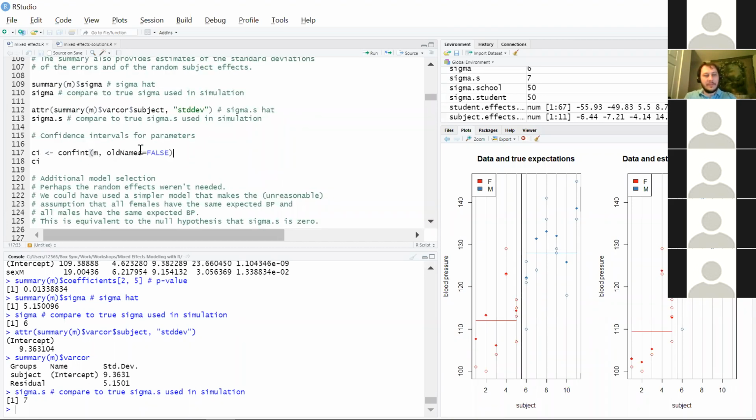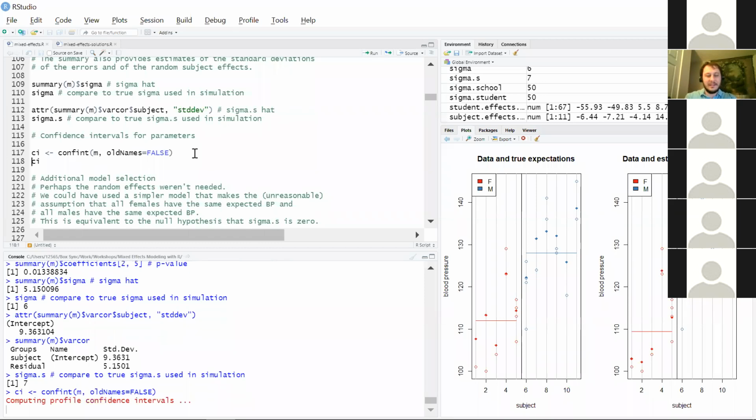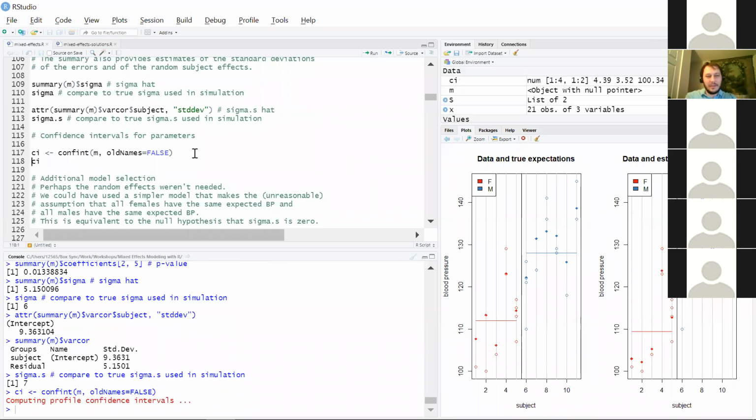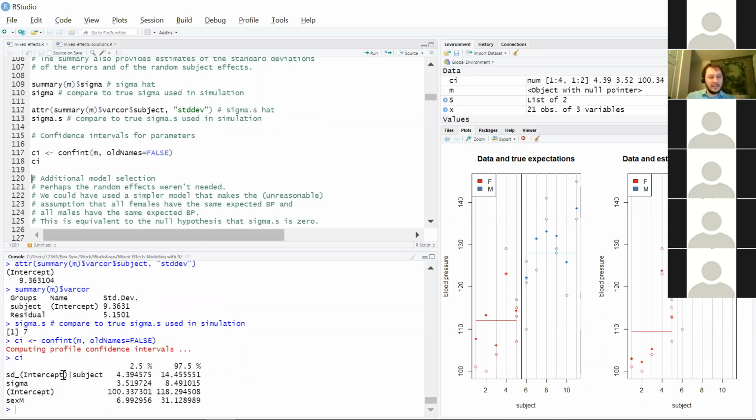Okay, confint. As you might guess from the name, that's going to be a confidence interval. So this is the function that will give you confidence intervals of the model. I figured out that the best thing to do is add a parameter here that says oldNames equals FALSE. Otherwise, you can try it without, but here's the CI. Okay, so there's a confidence interval for sigma.